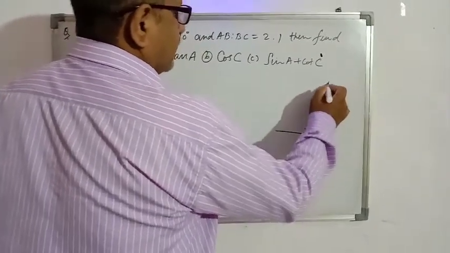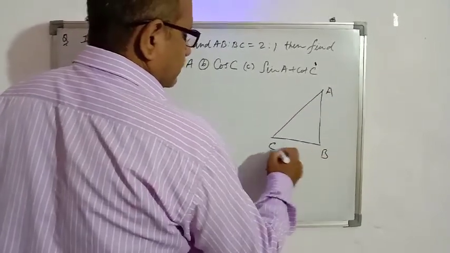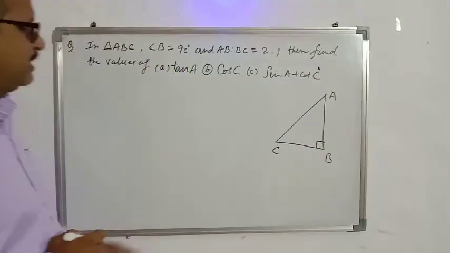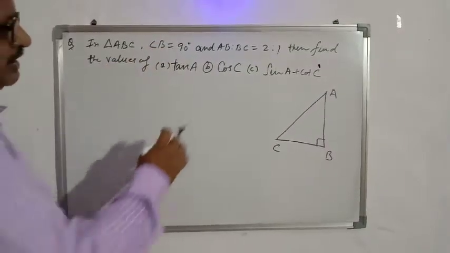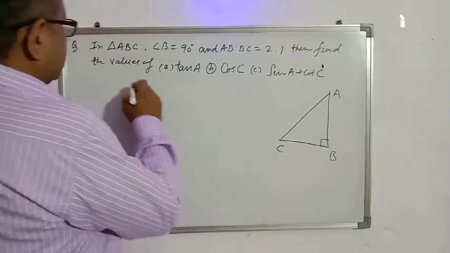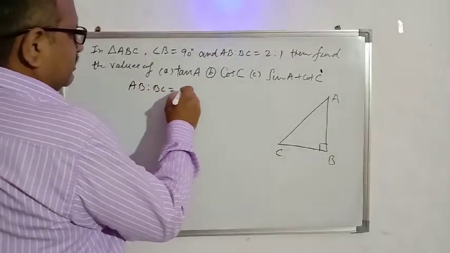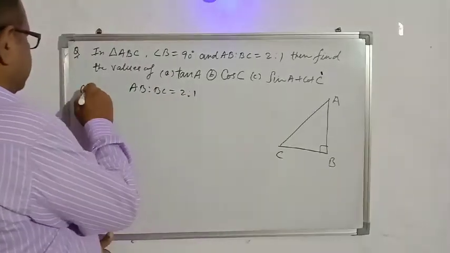We will take a right angle triangle ABC. It is given angle B is 90 degrees and AB ratio BC is 2 ratio 1.